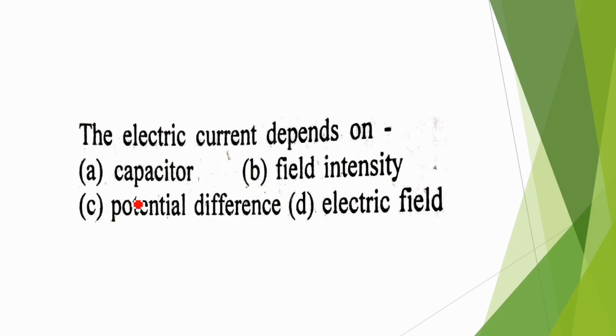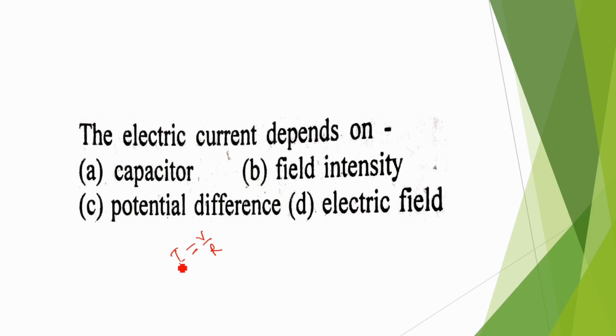We all know that Ohm's law is I is equal to V by R. That means at constant voltage, current is inversely proportional to resistance. If resistance is increased, current decreases.